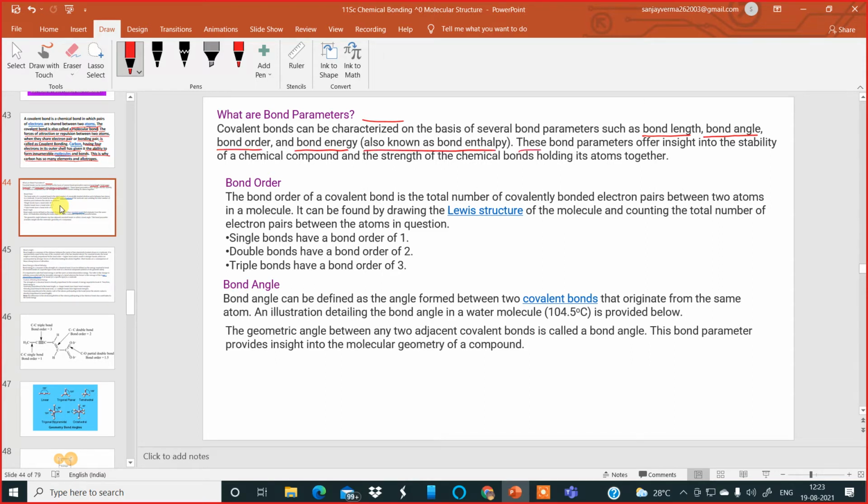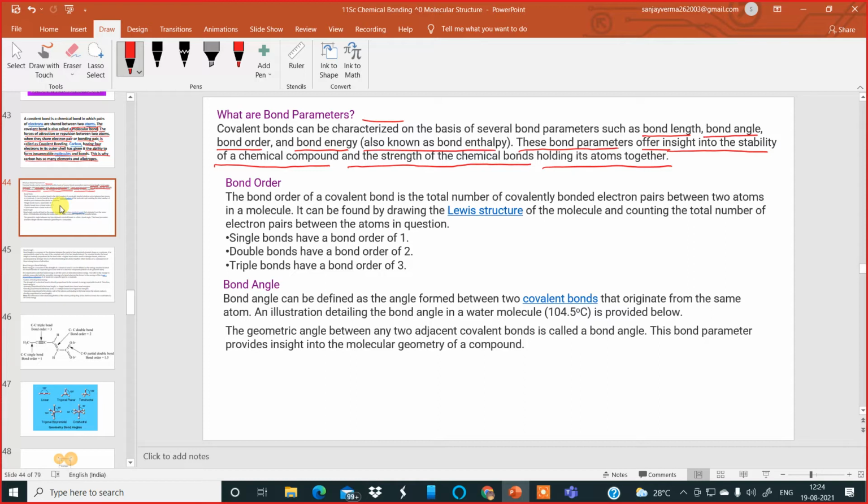These parameters offer us insight into the stability of a chemical compound and the strength of the bonds holding the atoms together.